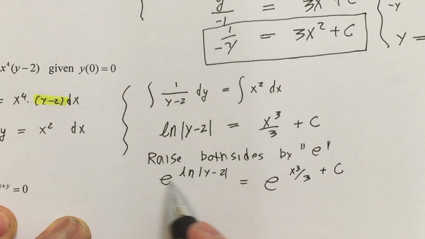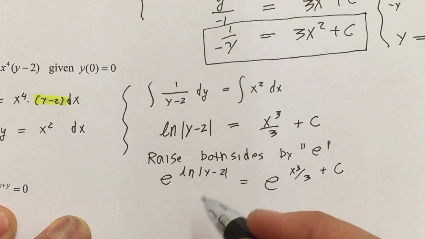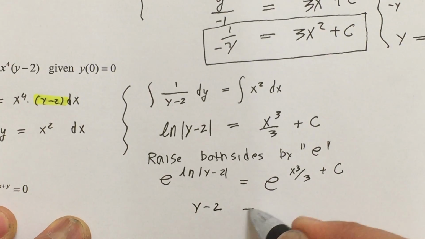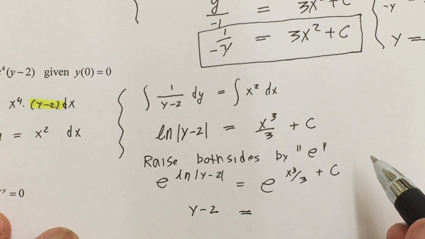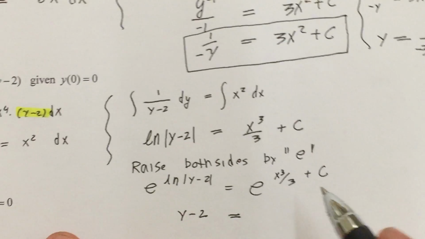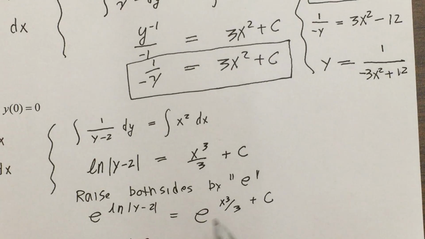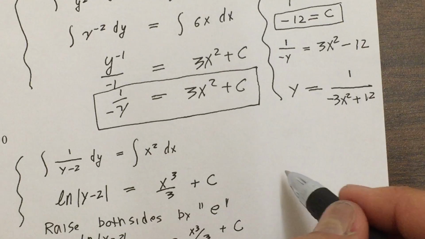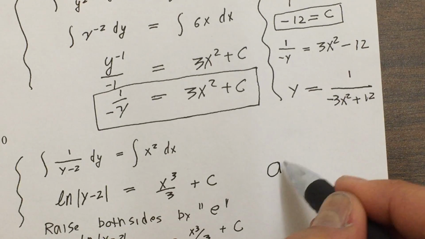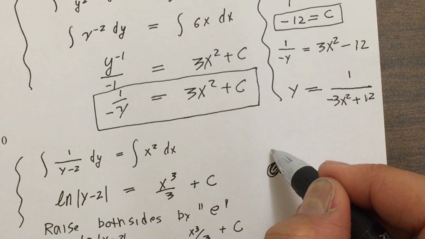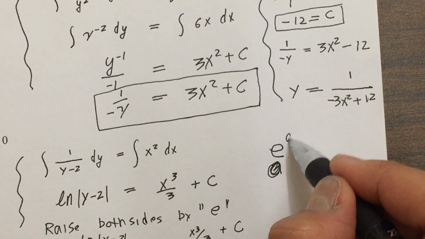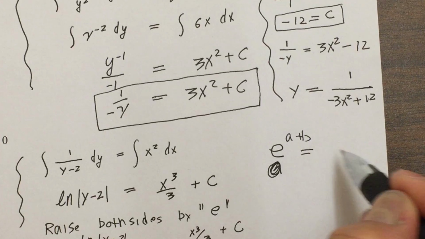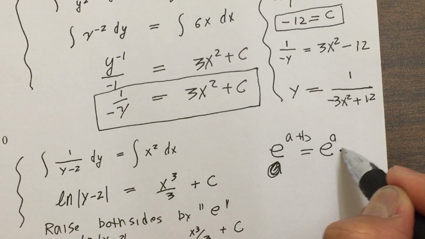Okay, when you raise both sides by e, they drop out, so you have y minus 2. Now remember, this is very important, laws of exponents. Whenever you have, and it could be any base and not just e, whenever you have e raised to the a plus b, then it can be separated into e to the a times e to the b.